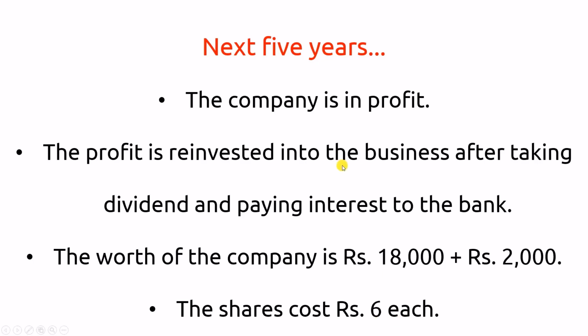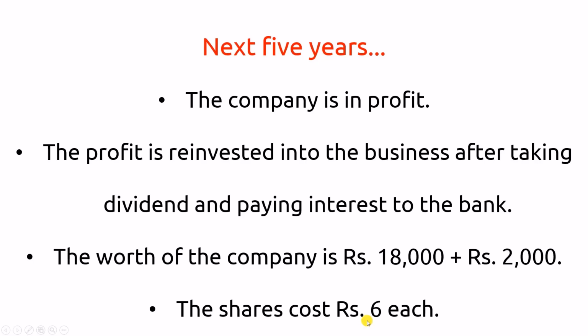And now, after 5 years, due to all these profits, the price of a share is 6 rupees. Now, where? In the account book, on the papers, because they are not trading it, correct? The shares cost rupees 6 each in the book of accounts.